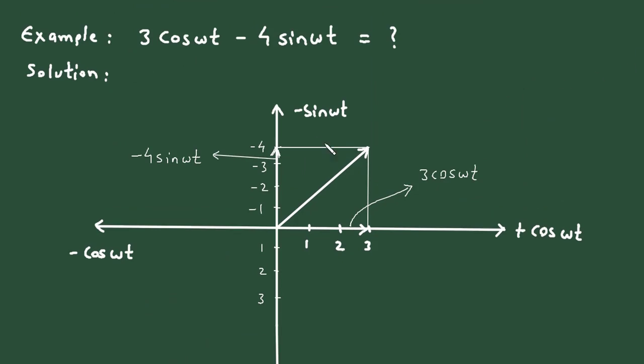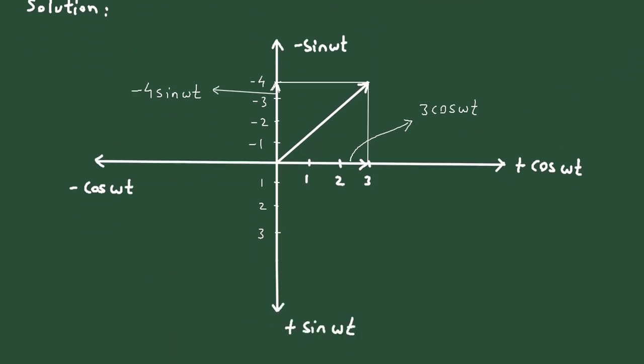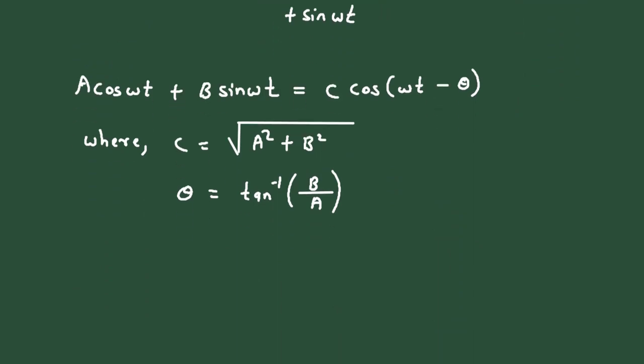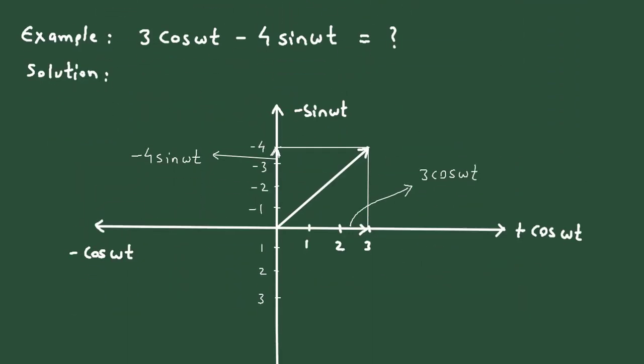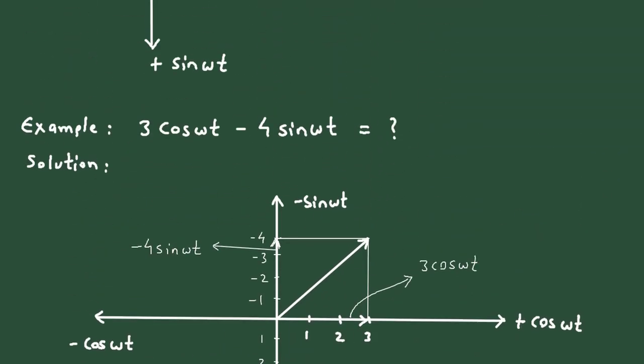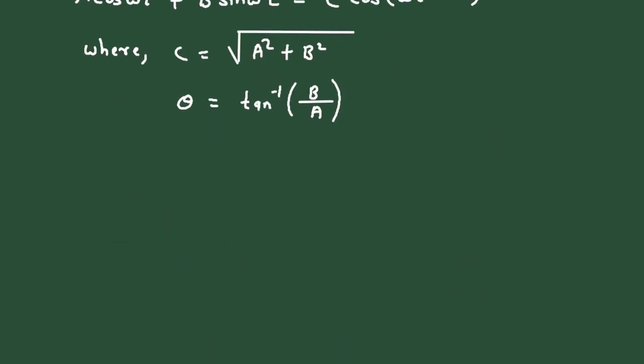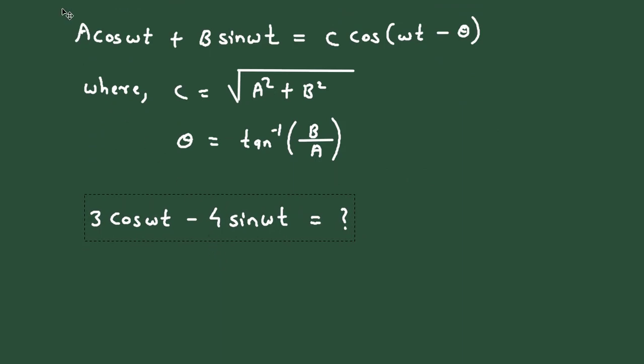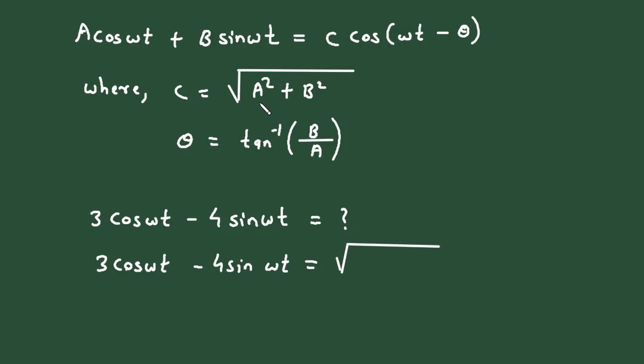Now let's check our answer. Now here in place of A it is this value. So let's copy it from here. So this will be 3 cos omega t minus 4 sin omega t, it is equal to C. Now in place of C this will be under root of A square plus B square.